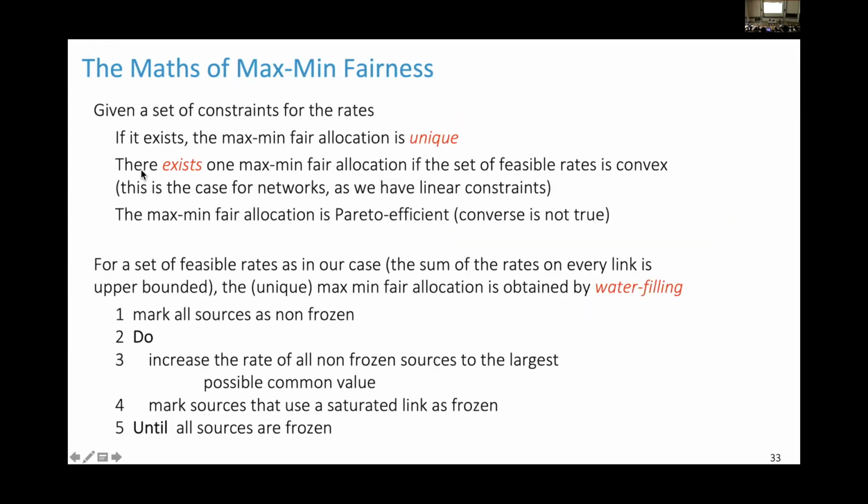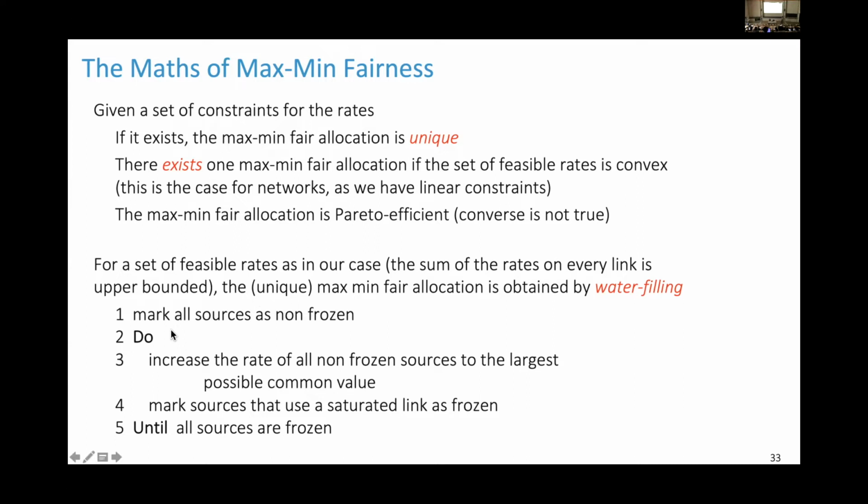We observed that when the set of feasible constraints is convex, which is always the case in a network, the max-min fair allocation exists and it is unique.